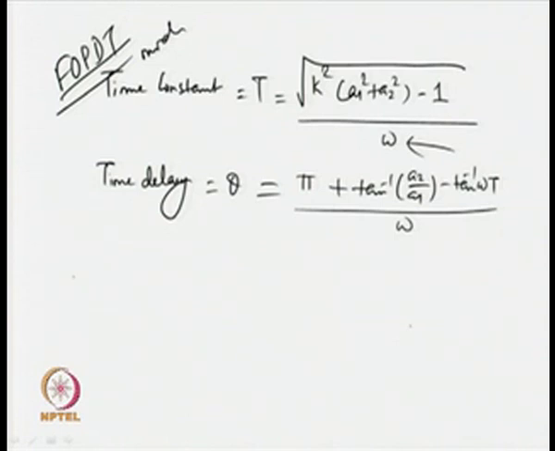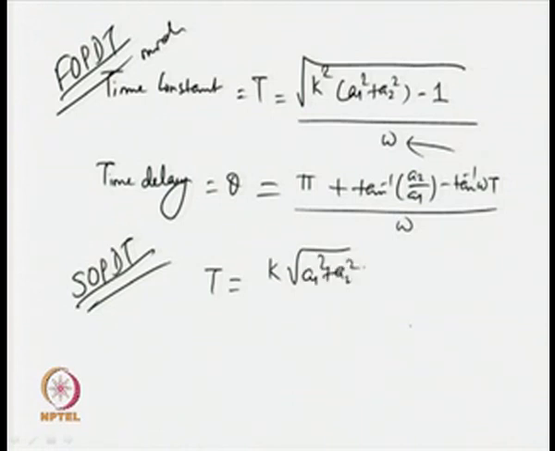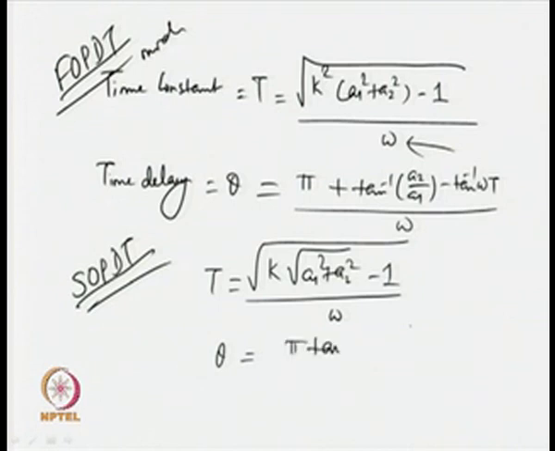Similar expressions for the time constant and time delay for the second order plus dead time transfer function model can be obtained as T is equal to K times the square root of (A1 square plus A2 square minus 1) divided by omega, and theta is equal to (pi plus tan inverse A2 divided by A1 minus 2 tan inverse omega T) divided by omega.